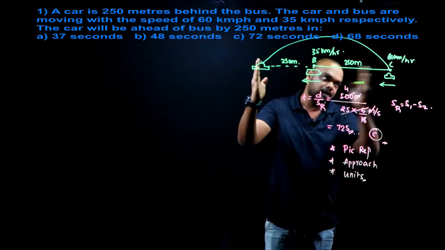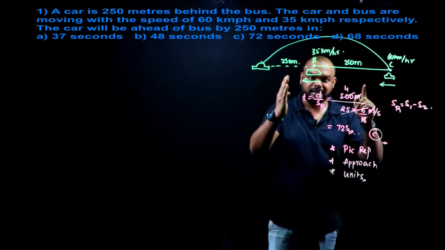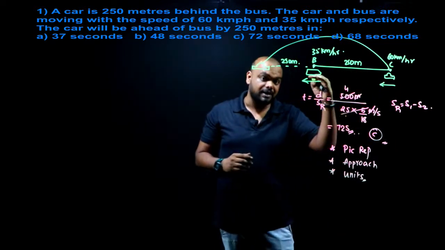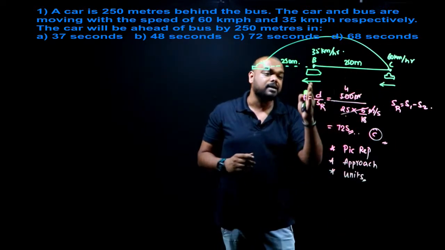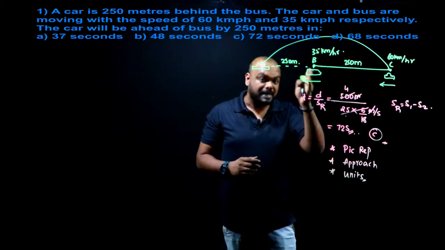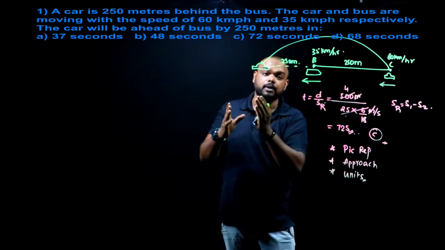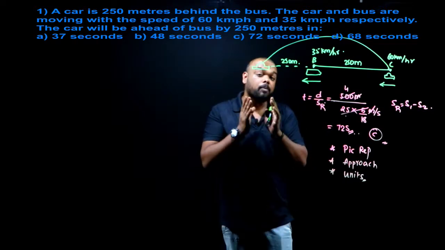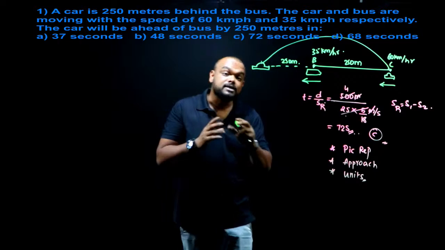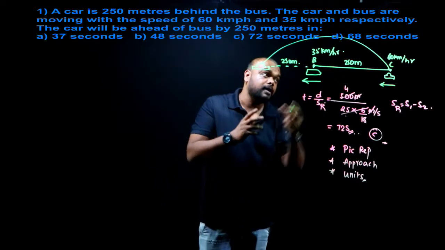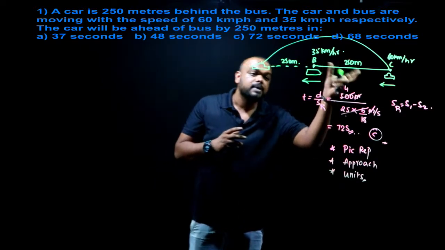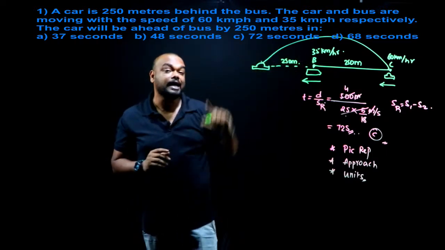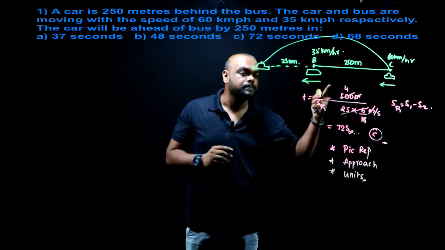Now both will be traveling, but the car is traveling at a faster rate, so this 250 meter gradually decreases and comes to 0 when the car comes here. Now I am not saying the bus is going to stay here. Even the bus is moving. We are not bothered about how much distance they are traveling. I am only bothered about how much time is taken. So relatively, how much distance should be covered? 250 initially between them and again an extra 250. That is what you have to consider. The distance is also a relative distance here. Clear with this?